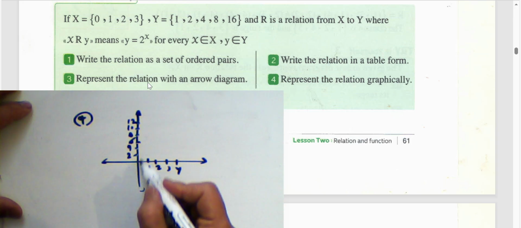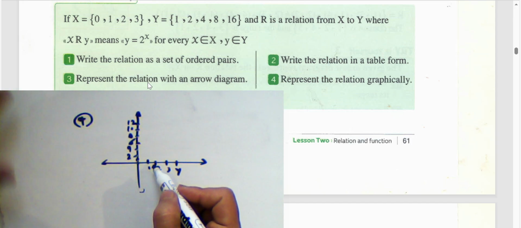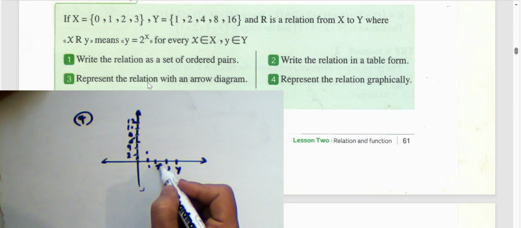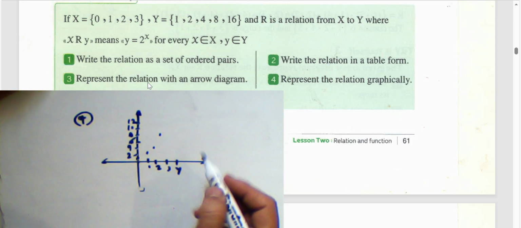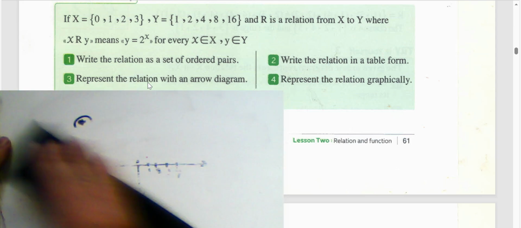Then we write the relation. We put 0 with 1, and 1 here with 2, and 2 with 4, and 3 with 8, and 4 with 16. Understood?